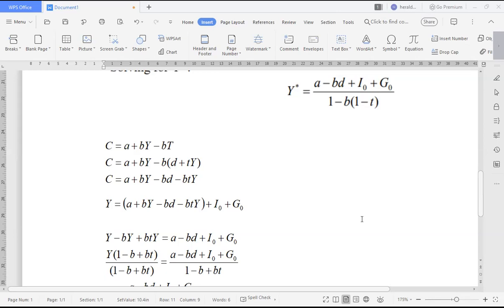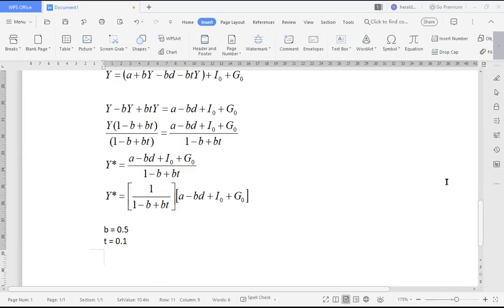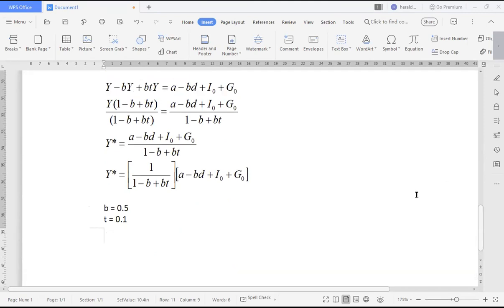Okay. All right. So the point of concern there was that it is not possible to just factor this one out because, again, these two are different entities. Is that correct? Ma'am, down below, 1 minus B plus BT. You can factor out B there to become 1 minus B times B plus BT.